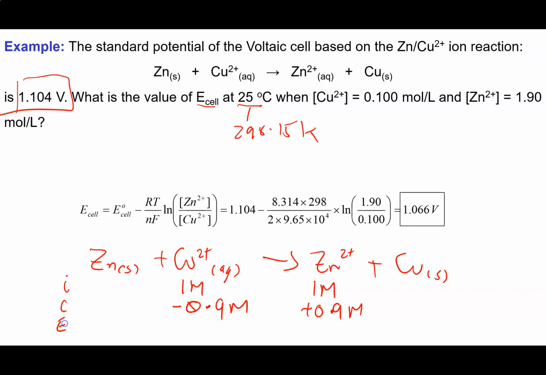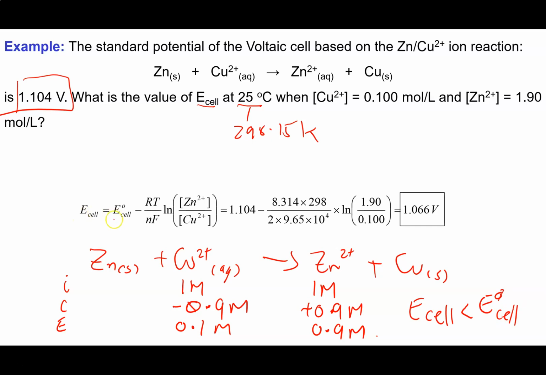And so under the conditions that we're interested in, this is at 0.1 molar and this is at 1.9 molar. So we've consumed 90% of our reactants. So what are we expecting the cell potential to be? Well, we're expecting the cell potential to be less than the standard cell potential. Okay, so let's see how much less.